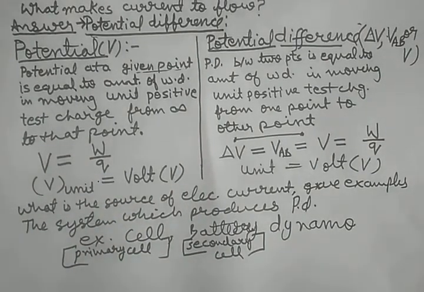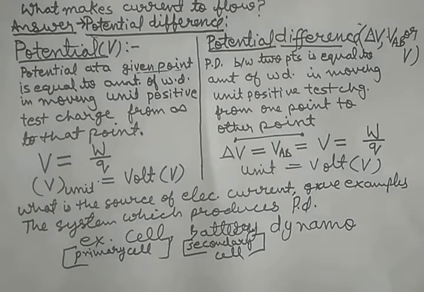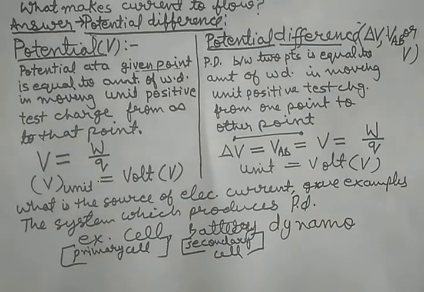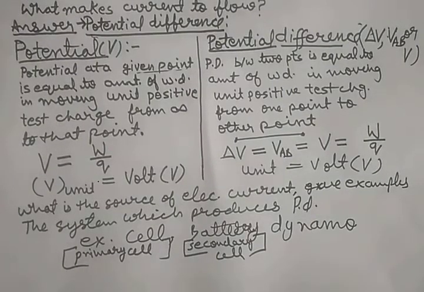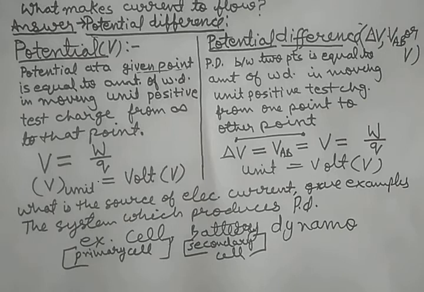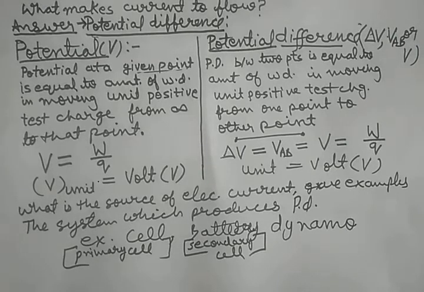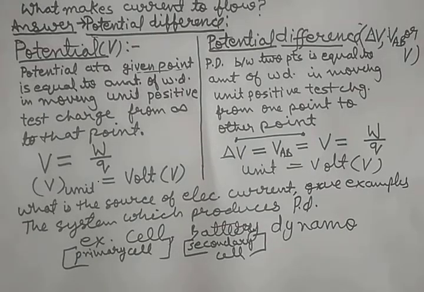I hope you people have often seen the dynamo or generator which runs through engine, and whenever there is power cut, well, I'm not talking about that UPS or inverters. I'm talking about dynamo which runs, makes a huge sound, and then produces electricity. Well, we'll discuss about it later. First we'll focus upon primary and secondary cells.